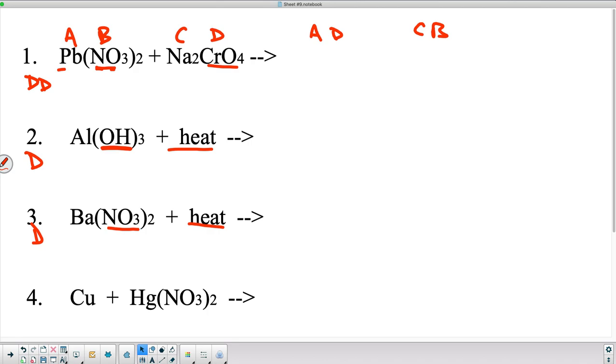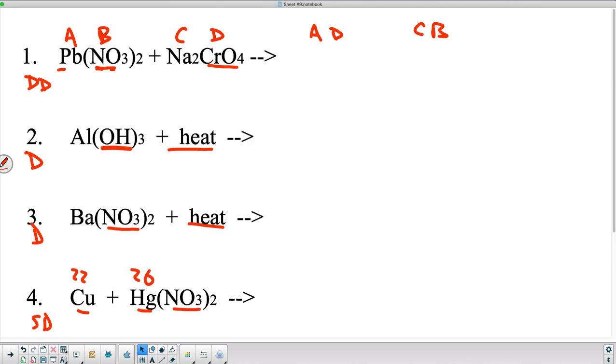So this is going to be definitely a reaction because all nitrates decompose. Number 4, I have an element, copper, plus HgNO3 2. So this is definitely an element plus a compound, so this is a single displacement. And then I have to check to see what I have for numbers to see if this is actually going to work. And it looks like this one is going to work.